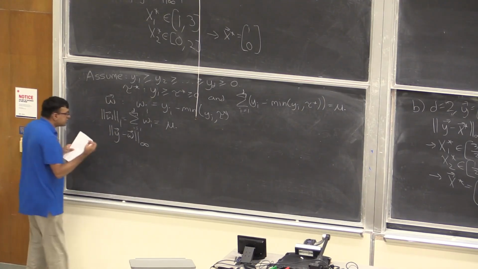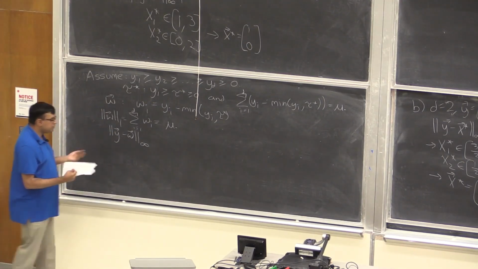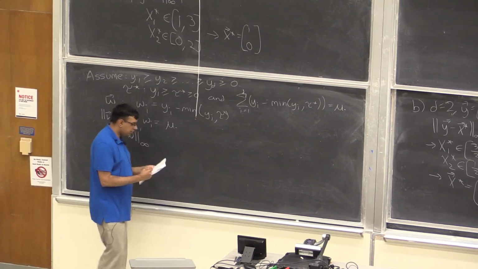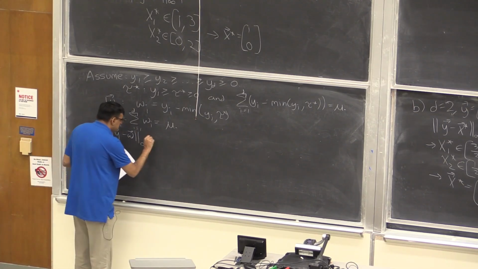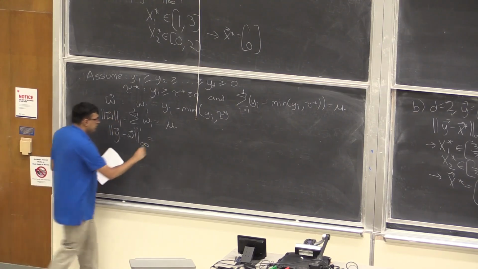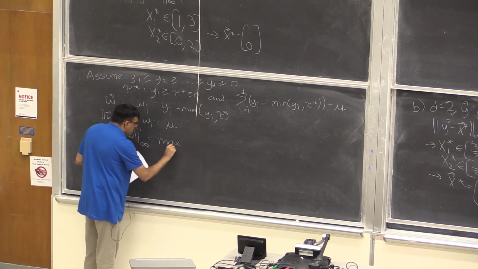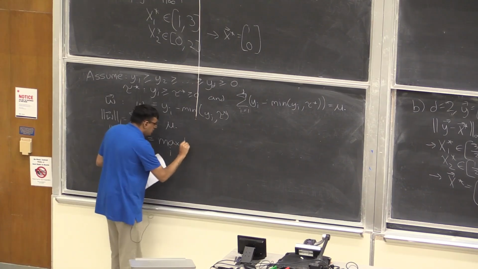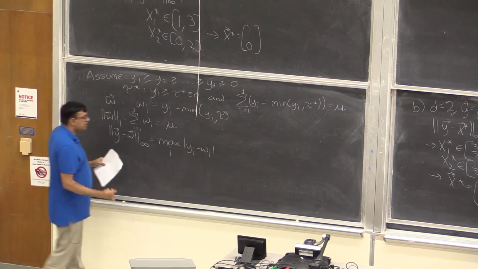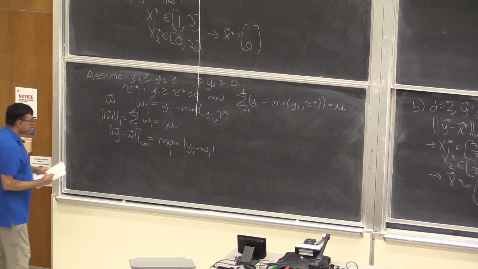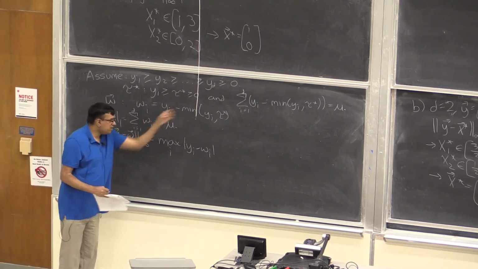Okay, so now we're just going to compute this infinity norm and compute the objective value of w. This is just the max over i of yi minus wi. If we substitute wi over here, this is defined as yi minus something else.